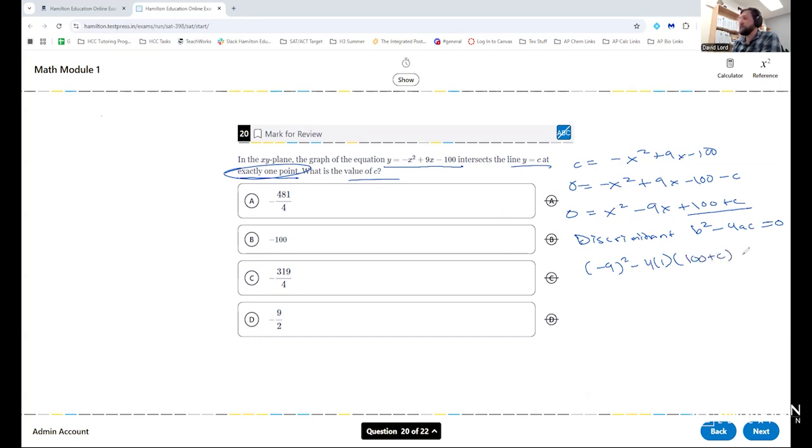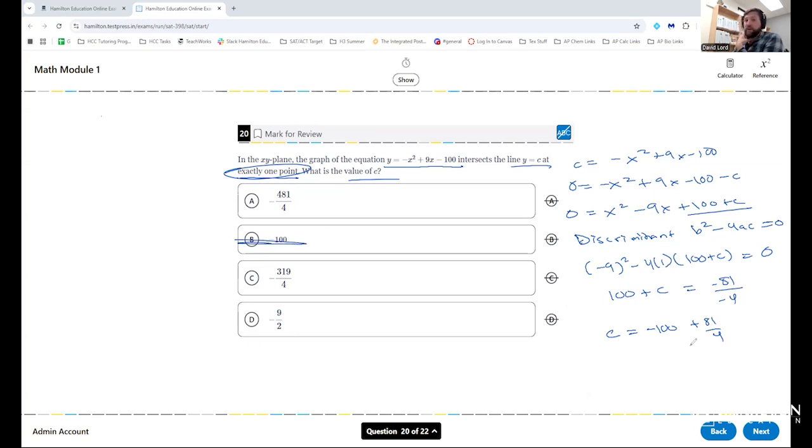That's how they try to trick you by reusing the same letters. From here, we solve. So then we're going to get 100 plus c is equal to negative 81 over negative 4. All right, and we're solving for c. So c is equal to negative 100 plus 81 over 4. All right, so you can probably eliminate B real quickly.